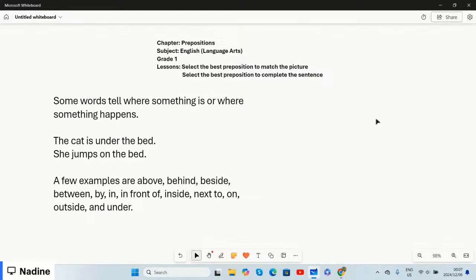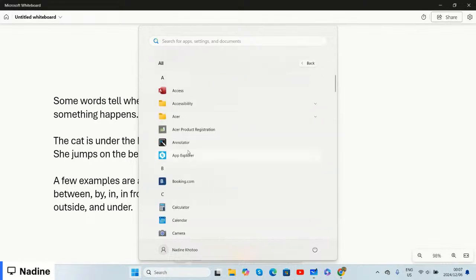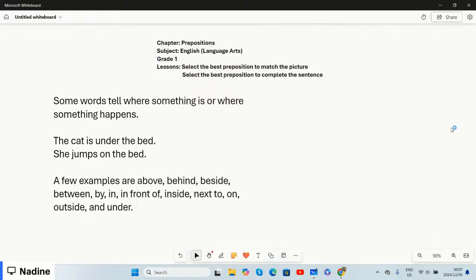All right. So when it comes to prepositions, if we have words that basically tell us where something is or where something happens, we call those prepositions.